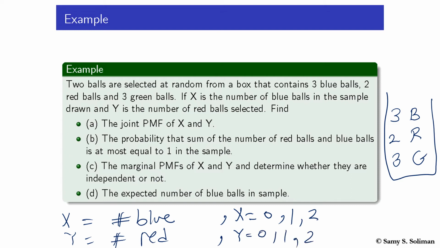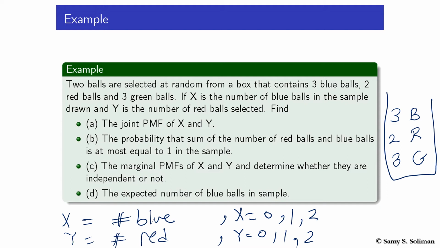Now, the difference here compared to the previous example is that x plus y is not necessarily equal to 2, because the sample withdrawn might be a sample of 2 green balls. In this case, the number of blue balls is 0 and the number of red balls is 0. So our table of the joint distribution will be more rich. Most of the cells will have non-zero probabilities.